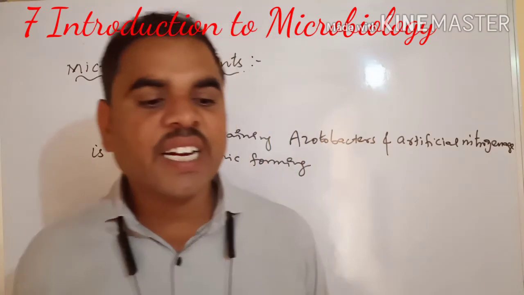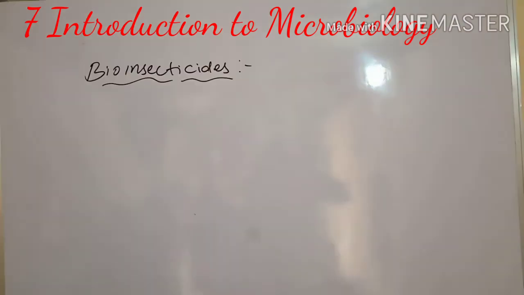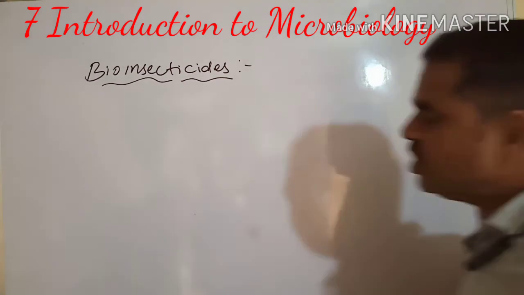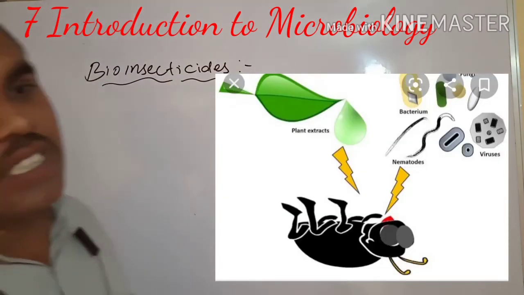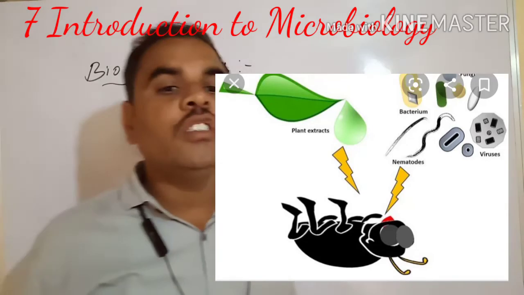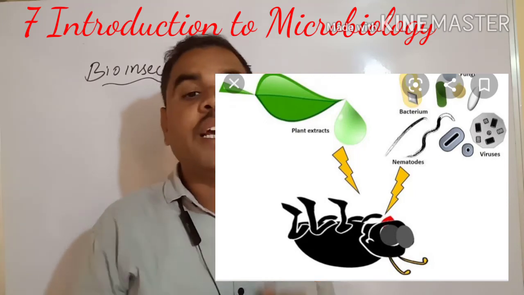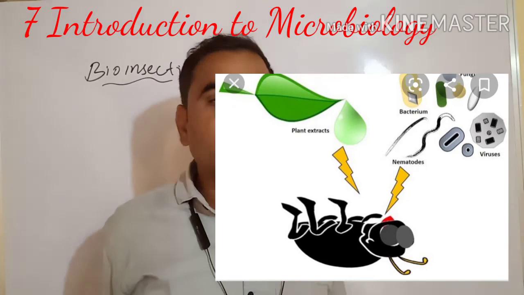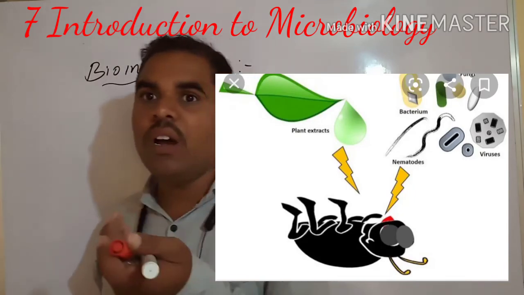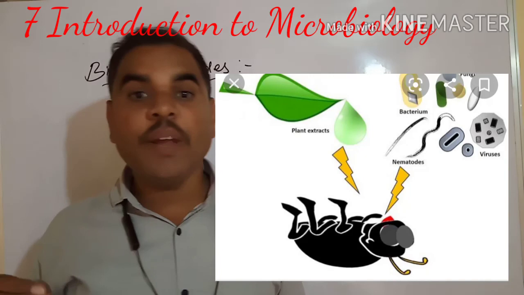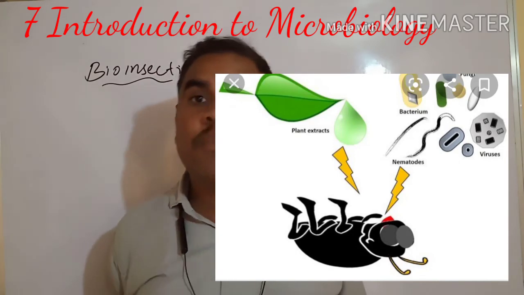Next, bioinsecticides. Bacterial and fungal toxins which can destroy pests and pathogens can be directly integrated into plants with the help of biotechnology.